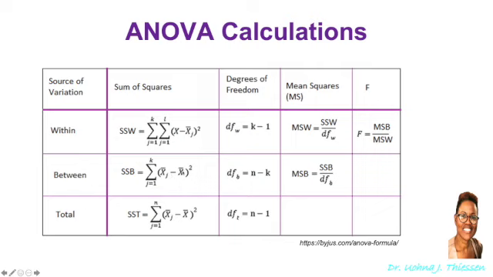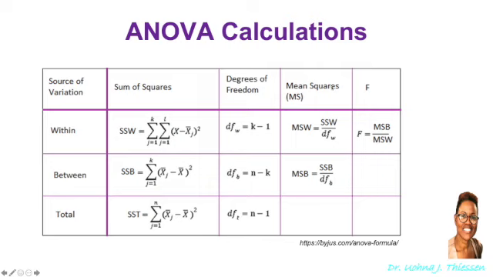Then you would do the same, except now you're treating all the groups as if they were one. So you put everybody together in one group. You find the mean, then you subtract each value, and you square that, and then you add. So that would give you the sum of squares between the groups, right? And this is the total. But what's really used for calculating the F statistic is these two values.